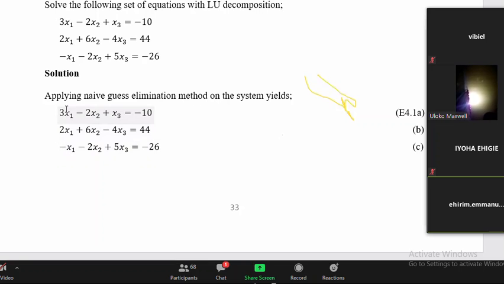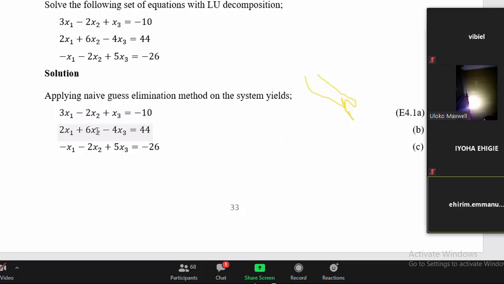We multiply equation 1 by minus 1 over 3 and subtract the result from the last equation. We will eliminate x1 here. Both of them are gone. And so here we will be having A22 prime, A32 prime. There must be values here.